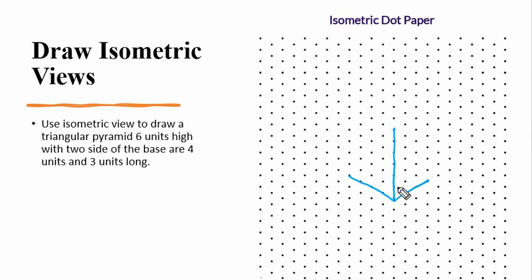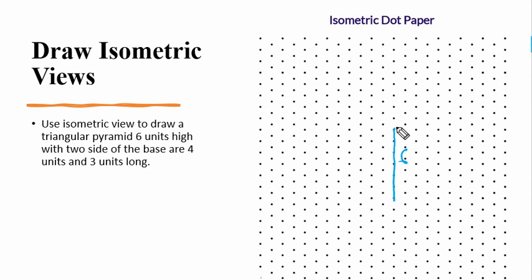Now it's kind of similar till this point for all the isometric views, right? From this point onwards, you see what kind of shape it is, then it's all about imagination. Now triangular pyramid, if the base is 3 and 4, so this is 3, 4, and this is 6. Now in this one you can try this way, okay?